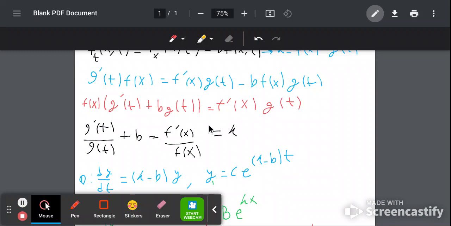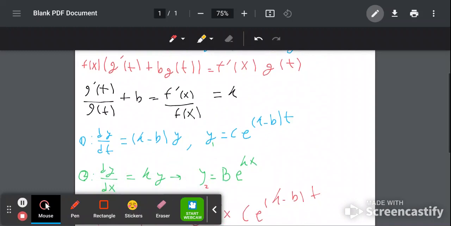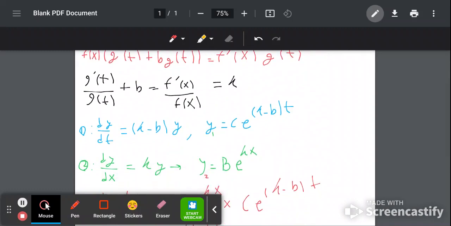So I'm going to let that constant be k. And now I can form two ordinary differential equations to solve for the functions g of t and f of x. That's what I want, because we don't want to tackle partial differential equations. We want to tackle ordinary differential equations that we know and have practiced before. So I've turned a partial differential equation into ordinary differential equations.